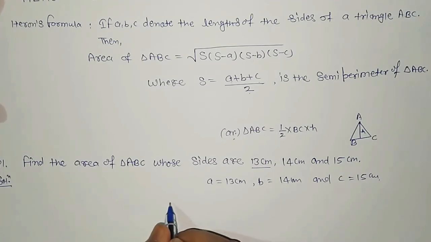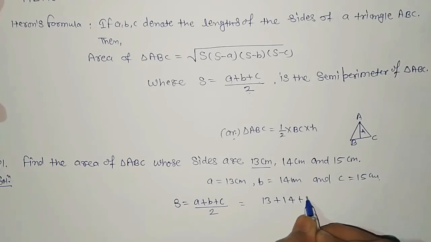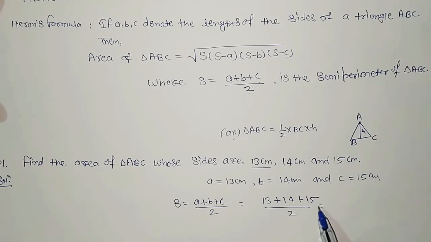Here the semi-perimeter S equals A plus B plus C by 2, so 13 plus 14 plus 15 by 2 equals 42 by 2 equals 21, which is the semi-perimeter of triangle ABC.